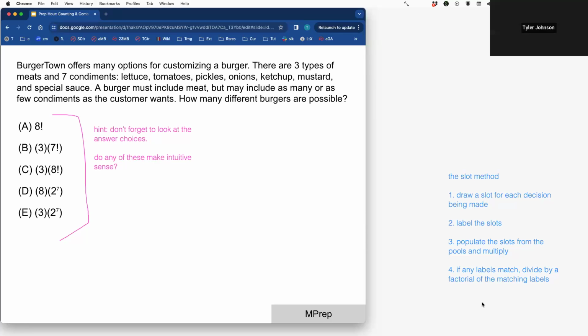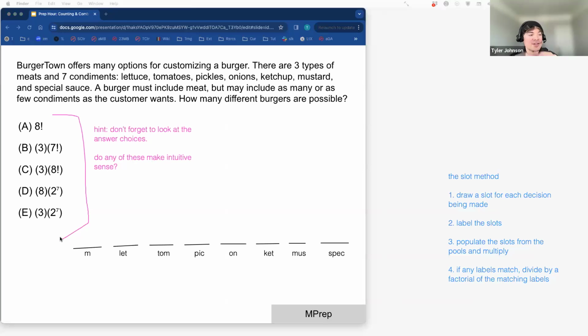So this one's pretty tricky. I think it stumped a lot of y'all. Let's break it down. So there are ultimately 8 different decisions. We've got our choice of meat, and then these 7 condiments: lettuce, tomato, pickle, onion, ketchup, mustard, special sauce. And meat is the more straightforward one. There's 3 options.